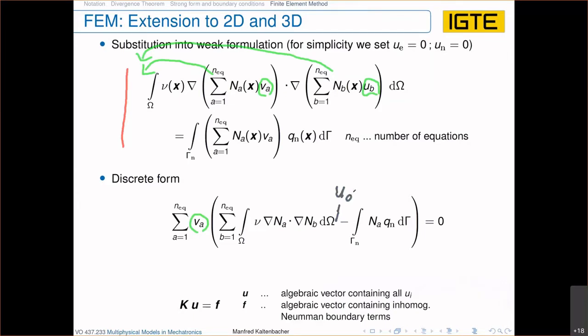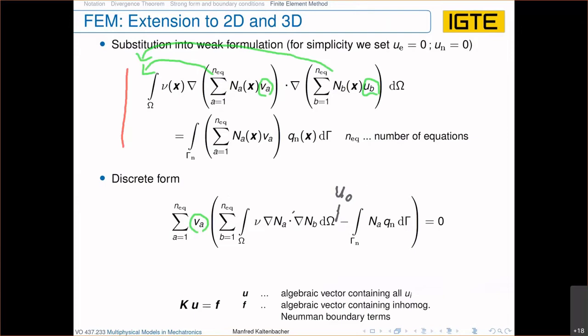Now you can see, for example for the first node, we have V_1. We can set this to 1 and then we have one equation, because the sum goes for B equal 1 to the number of equations, not the number of nodes, because we just count those nodes where u is unknown.